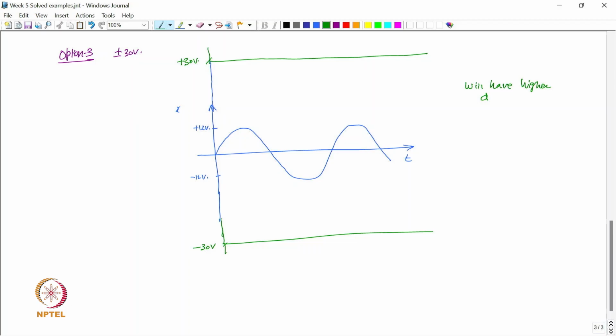Of course, there will be no signal truncation, but relatively it will have higher quantization error, correct. And that is why among the three, plus minus 20 volt is the best option to go ahead with, right, and hence that should be used in this case.